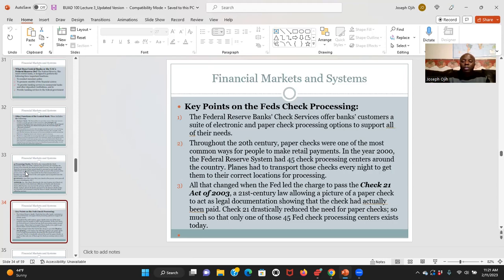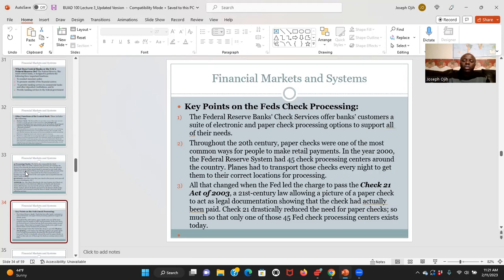When the stores collected the checks, they used planes to transport them every night to the location where they would be processed. But all that was a very cumbersome and challenging task to accomplish every night. So in those days, checks were not processed immediately. Sometimes it took 2 days, 3 days to process before you could have the money in your account.